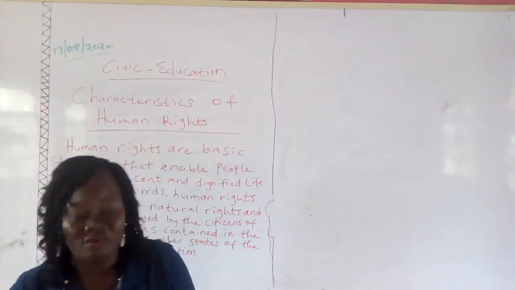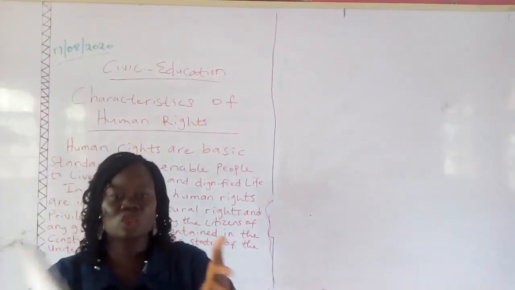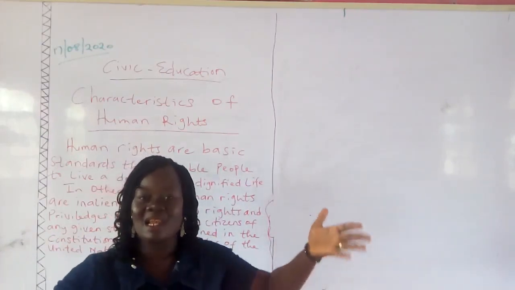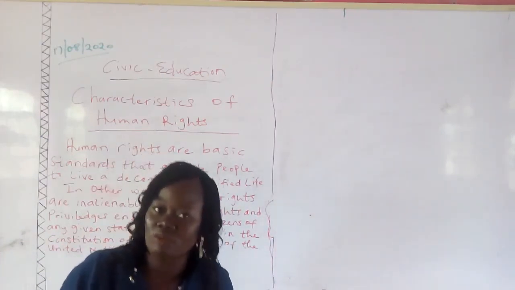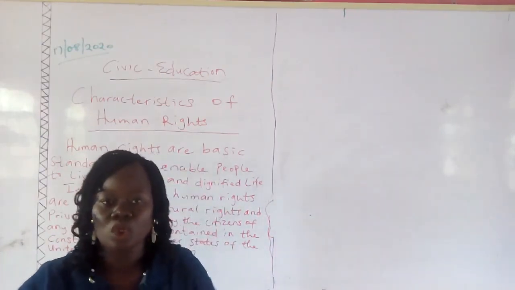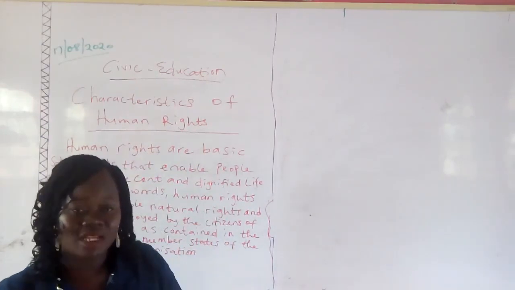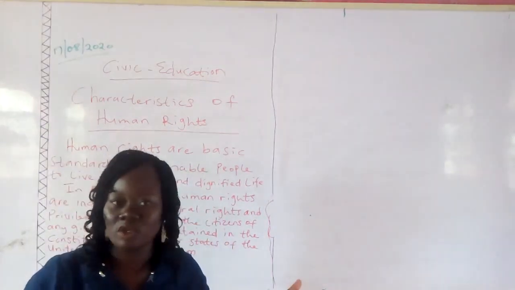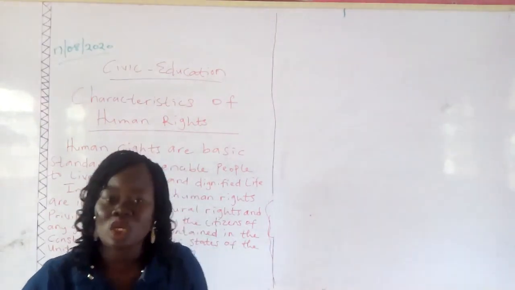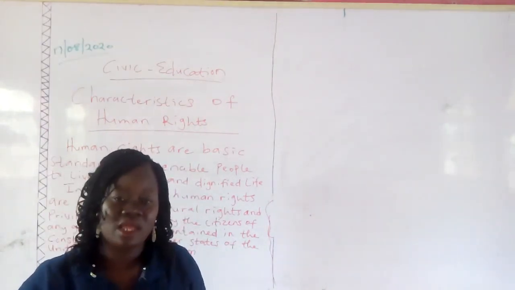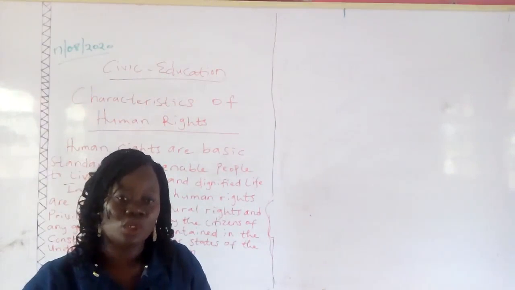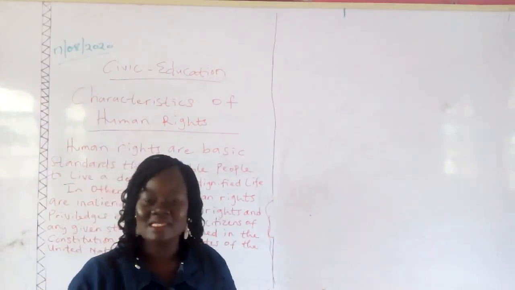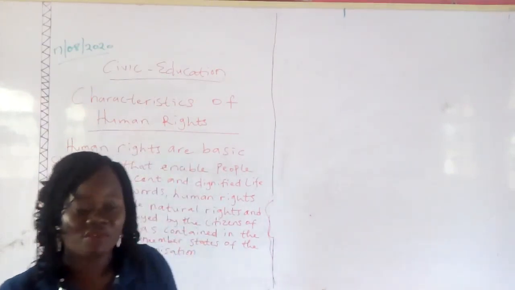As a result of that, the United Nations Organization, which involves almost every country of the world, decided to come together to come up with the items of the fundamental human rights, just to protect and defend human beings and every existing citizen of each country.